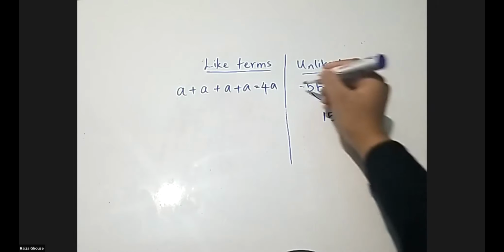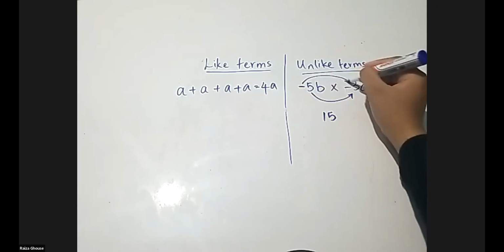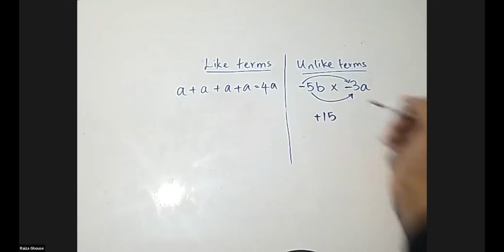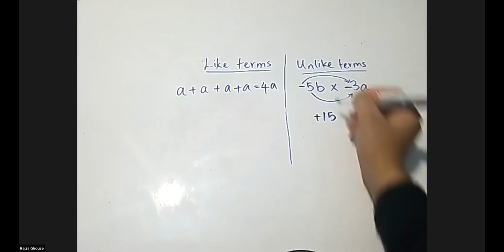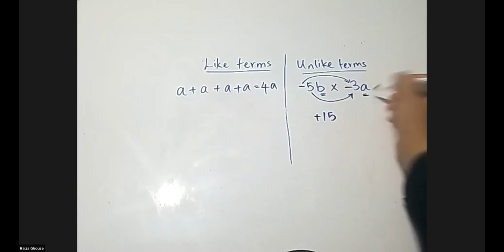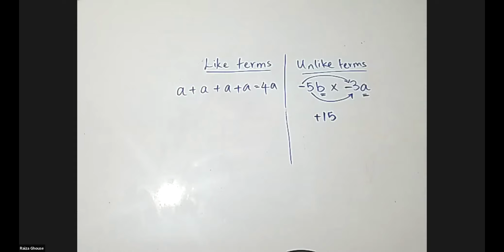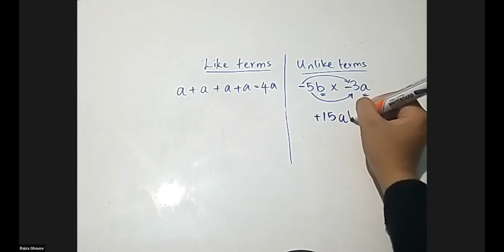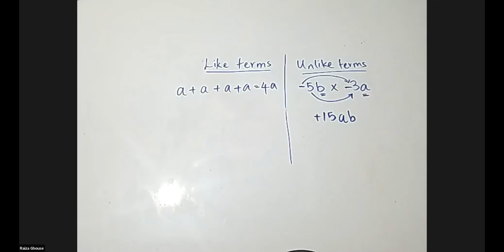Negative multiplied by negative, I told you in the basic concept, is positive. But listen carefully, A and B are not the same, so you multiply A by B, AB. The answer will be 15AB. So these are unlike terms, right?